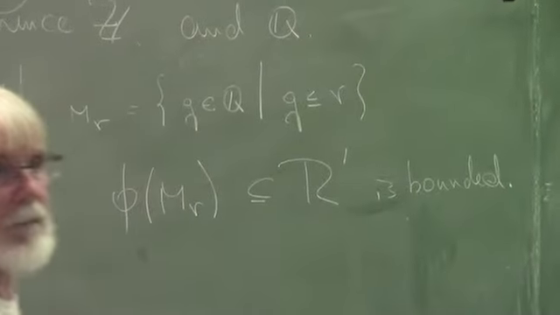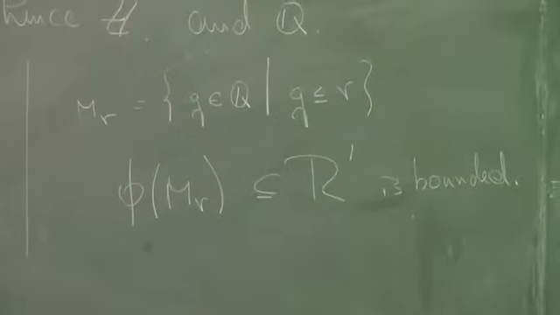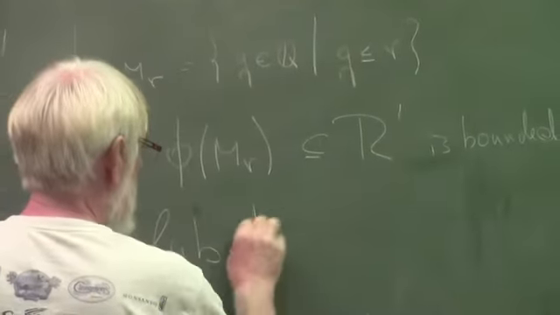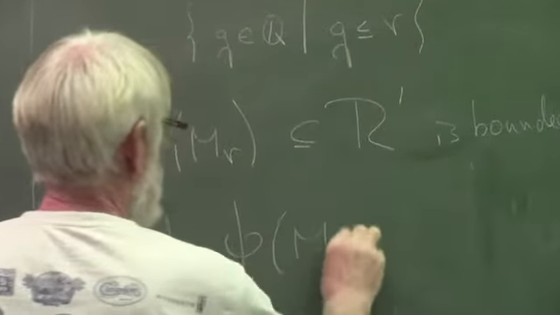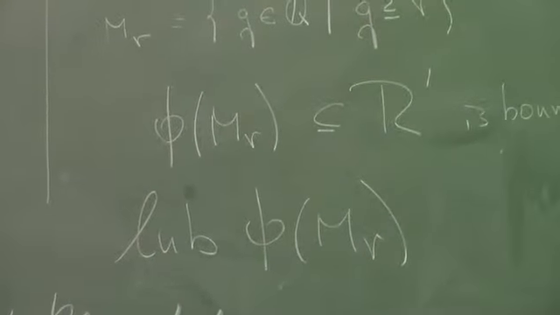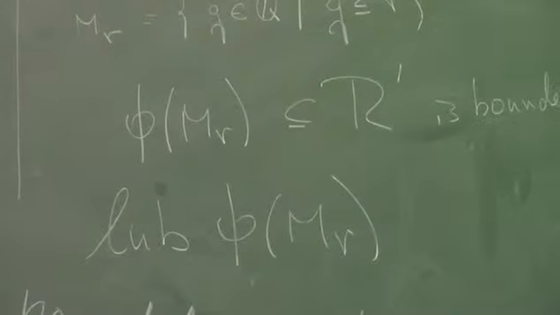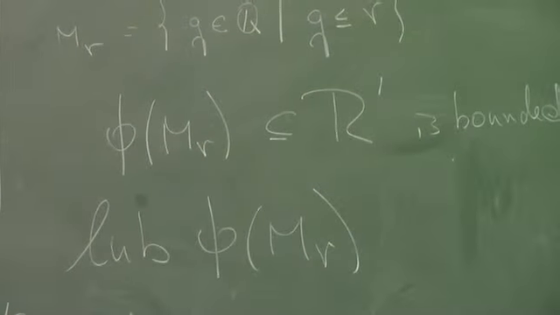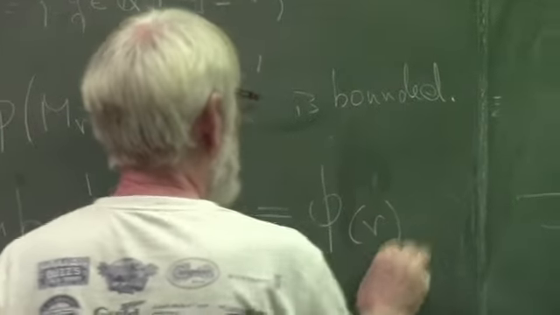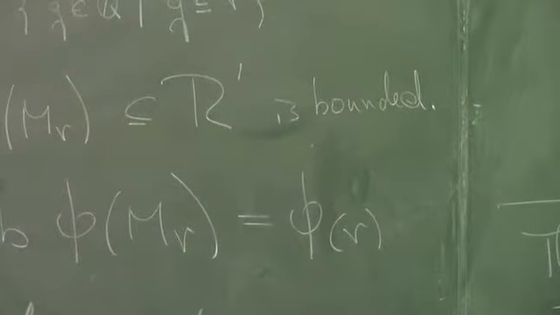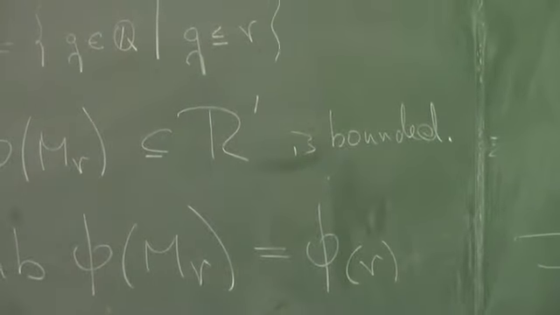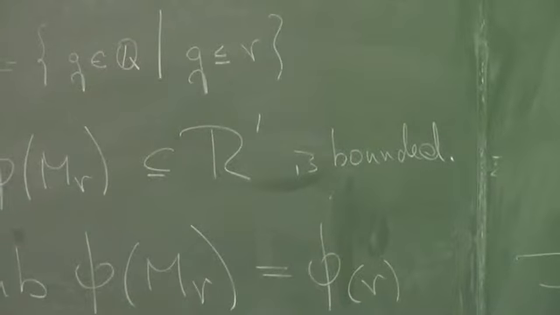So this is a bounded set. Okay. So let's take the least upper bound of this set. Is that R? No, because that's the image, this one is, so it's phi of R. R is the upper bound there, but in this phi world, it's going to be phi of R.